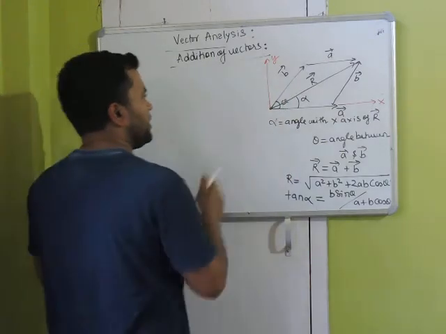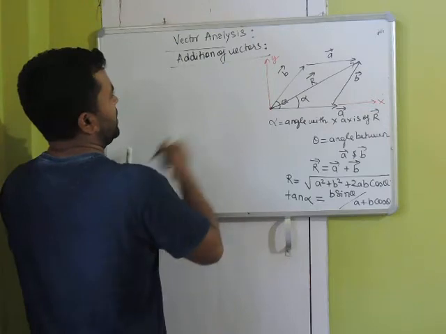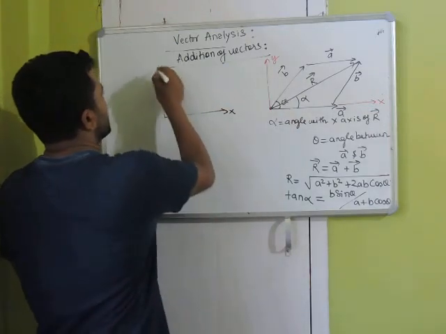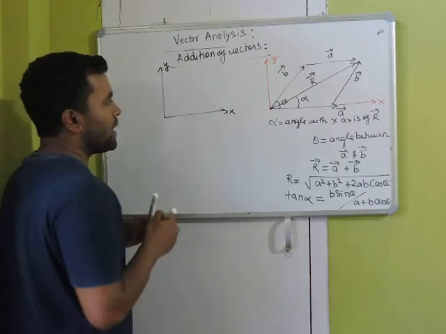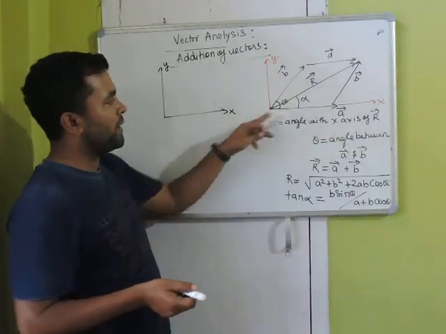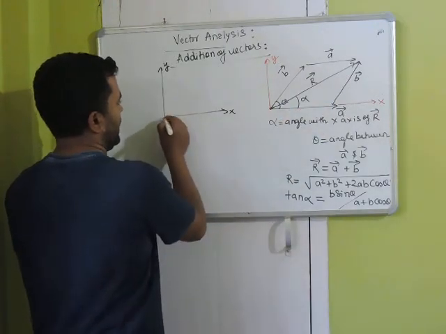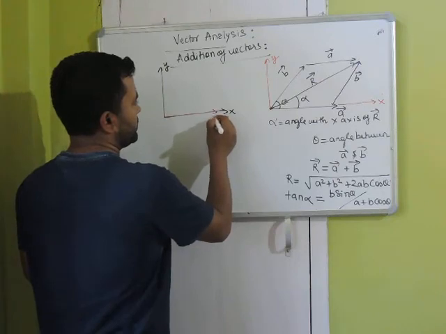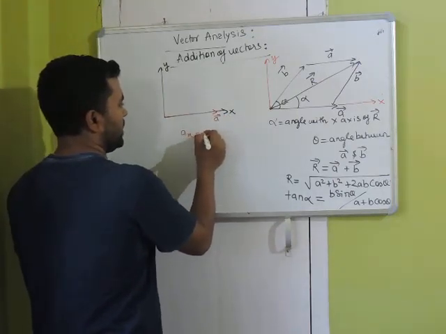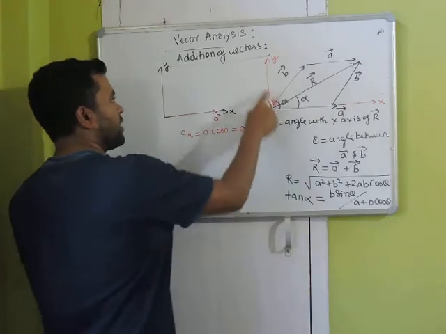Let me do it like this without getting complicated. This is my x axis, this is my y axis. First I ask you what is the x component of A. You can see A is in this direction, it is making angle 0, so Ax will be A cos 0, which is nothing but A. What is the y component of A?